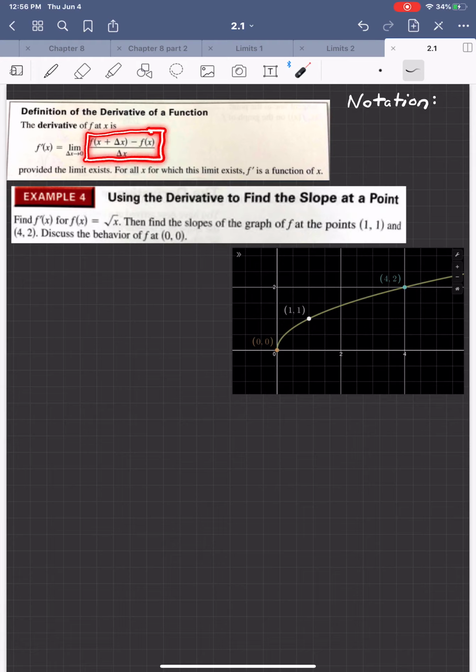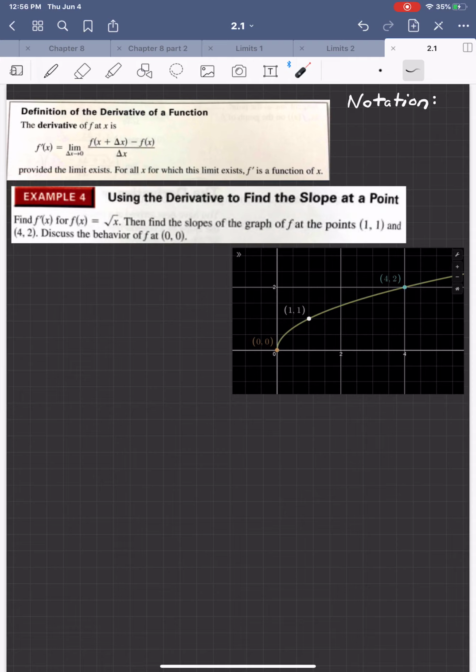And all we're saying is, when all is said and done, take the limit as delta x approaches 0. This is the definition of the derivative of a function, provided the limit exists, right? Because the limit must exist in order to finish that definition.